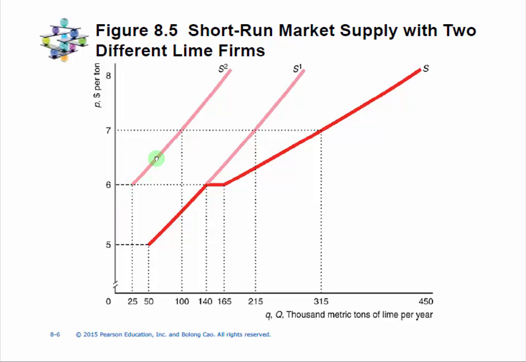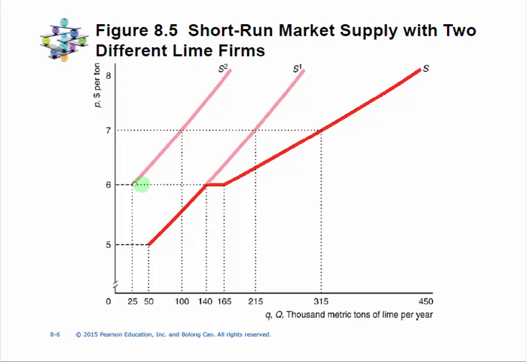So, given this short-run supply curve by the second firm, once the price is $6, the second firm will put an additional 25 units into the market, and then it will keep adding output if the price goes up according to its marginal cost curve.